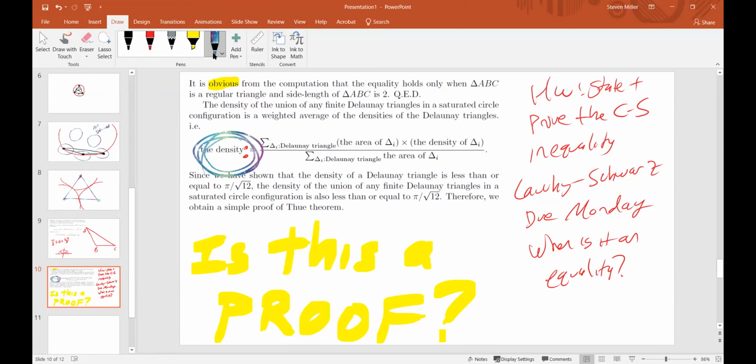It corresponds to the area, to what we're thinking of, what fraction of the plane. Have they done anything to connect that? At the end of the day, it looks like we have proven Thue's theorem. So my question for you is, did we actually do anything to that?